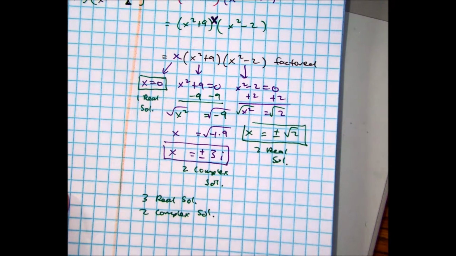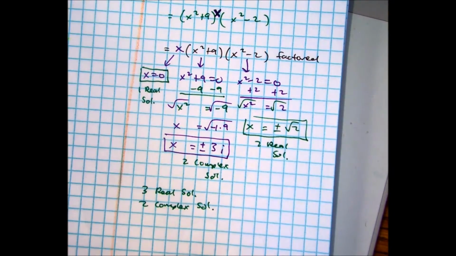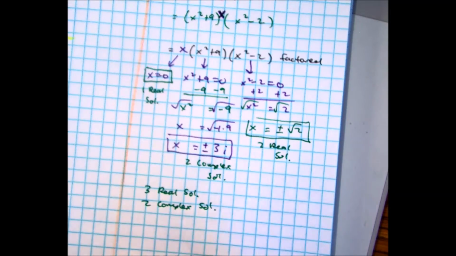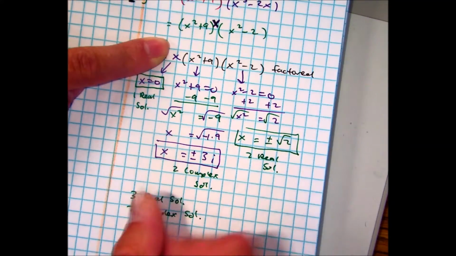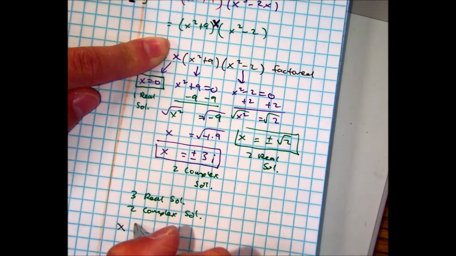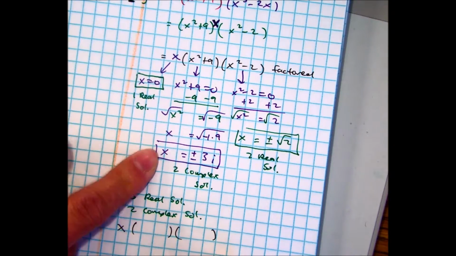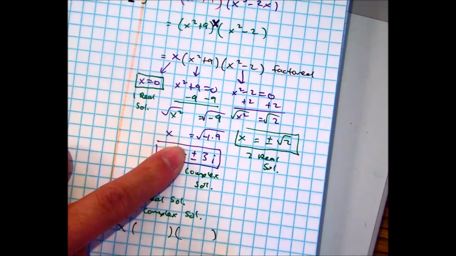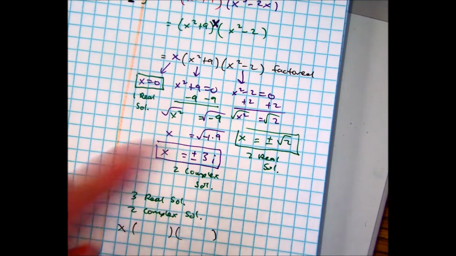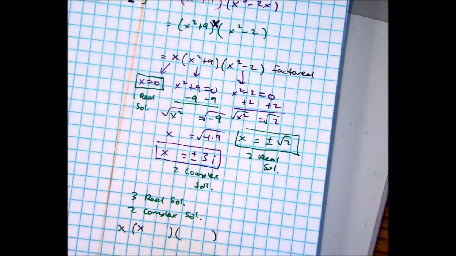Alright, I'm going to show you guys now how to write this nice and clean, and we're all done with this problem. Pay attention. I have the x, and it's kind of simple where you're just putting it into these binomials. If I said x equals positive 3i, how can I write that as a binomial?